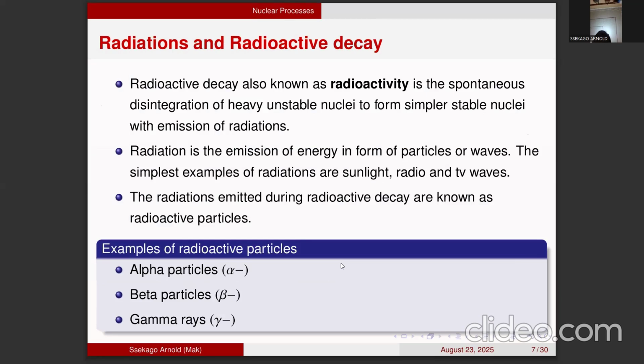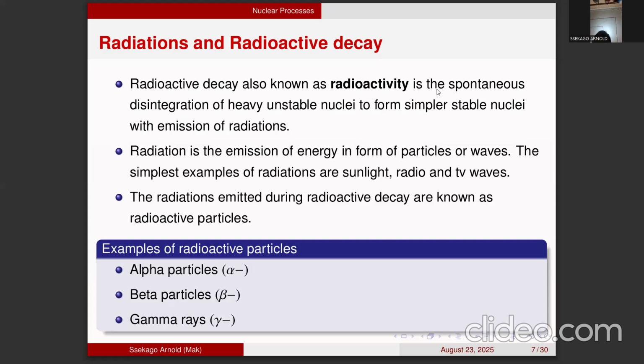We start with radiations and radioactive decay. Radioactive decay is the same as radioactivity. Radioactivity is spontaneous disintegration.